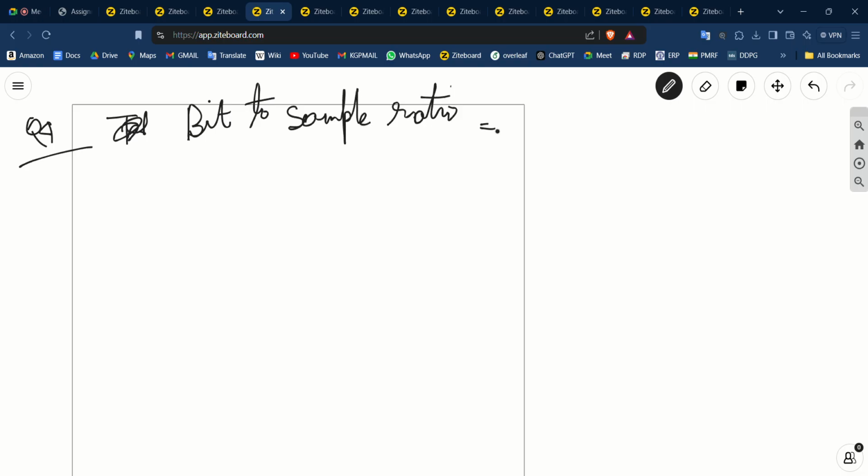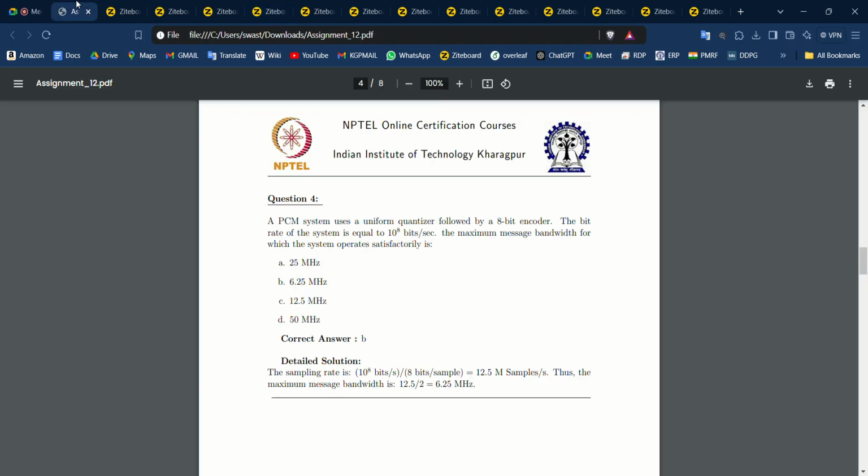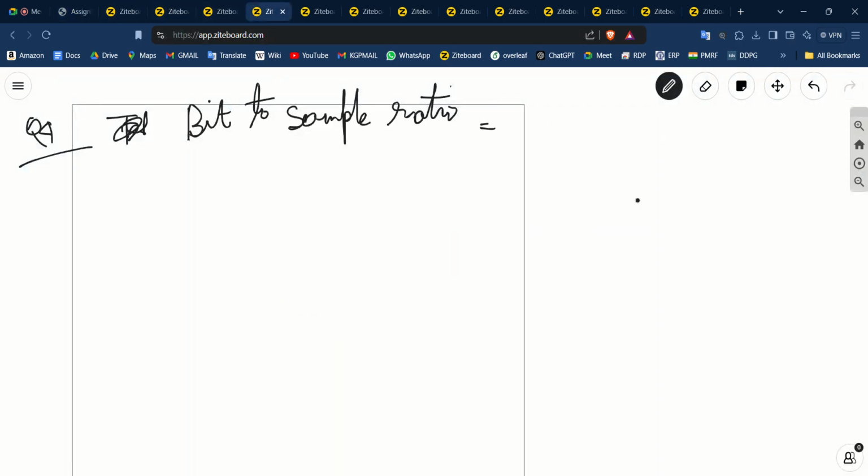So we know, in question 4, the bit to sample ratio is 8 bits per sample, because it is using an 8-bit encoder.